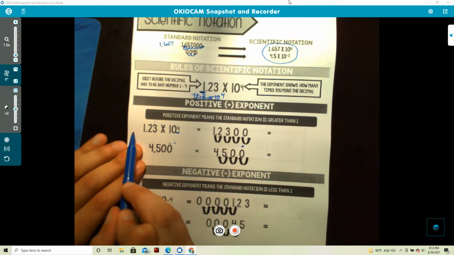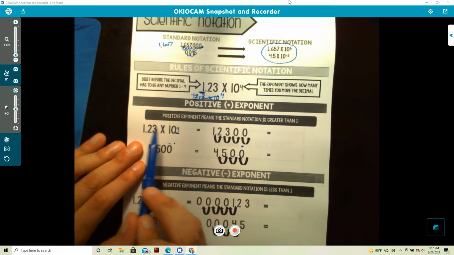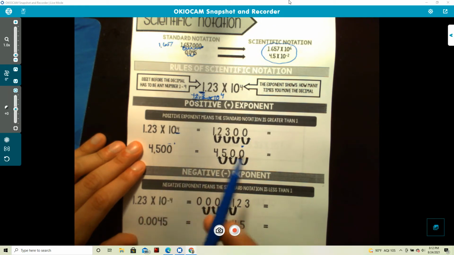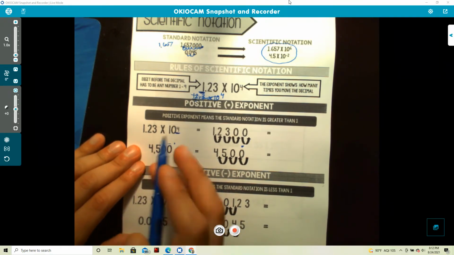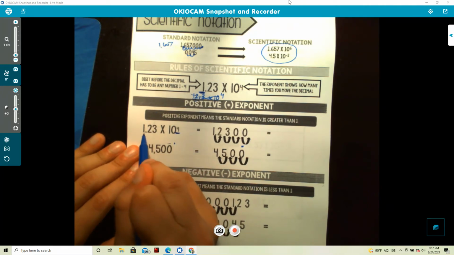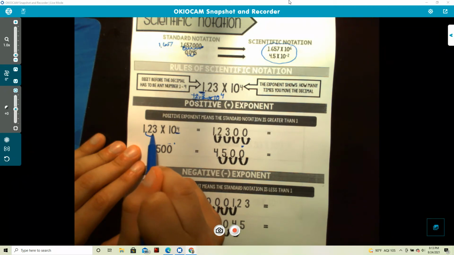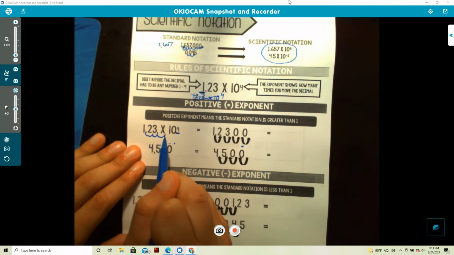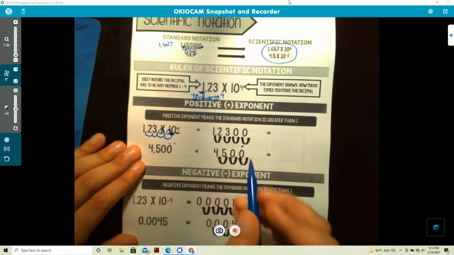We can't move to the left because if we move to the left, our number is going to be less than 1, but we can't do that because we have a positive exponent. It has to be a number greater than 1. So we're going to move 4 units to the right to express a bigger number. We go 1, 2, 3, 4. The decimal goes there, fill in your zeros, and that's what they got here. So 12,300.